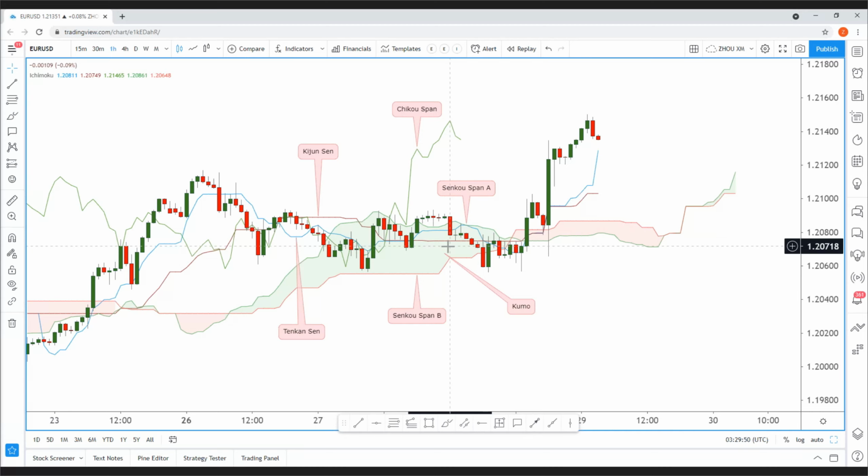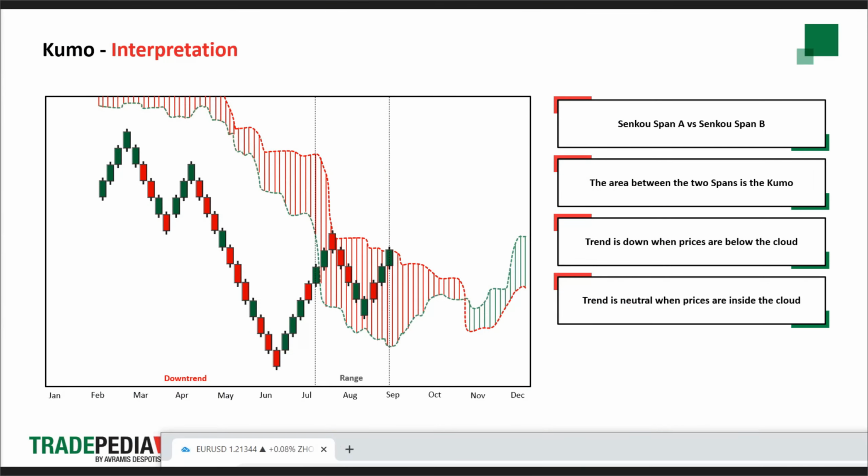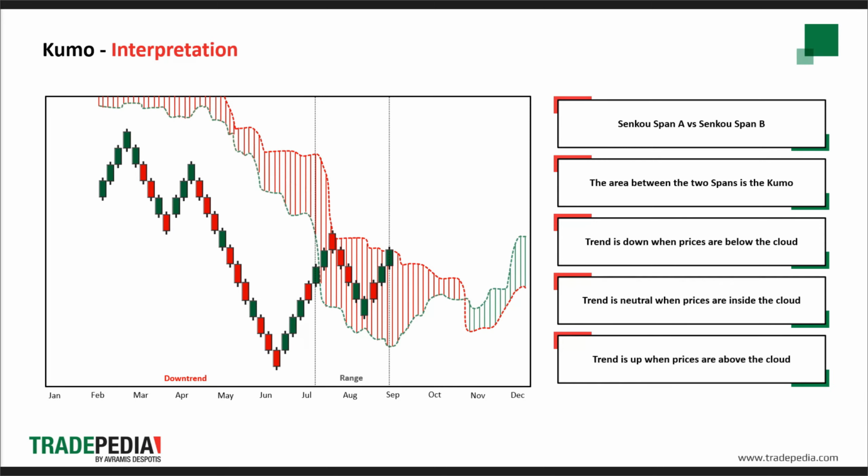So basically, it's very complicated. You can see already there are so many components of the Ichimoku cloud, and sure, you will get confused at the start, but this is just how I look at the Ichimoku cloud. And later, when I show you how I analyze with the Ichimoku cloud, actually, I don't even really use the Kijun or the Senkou spans.